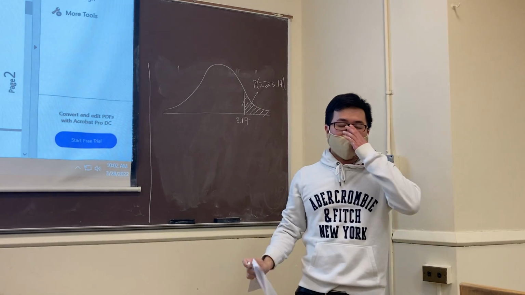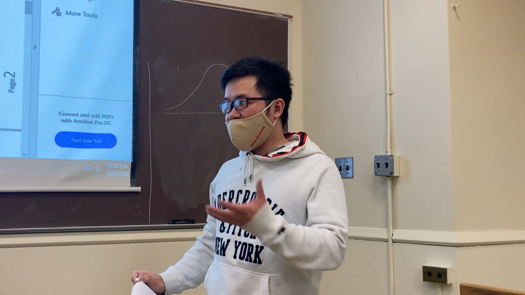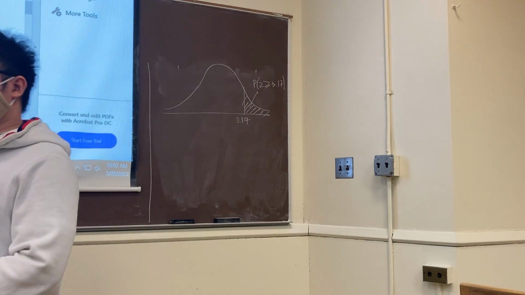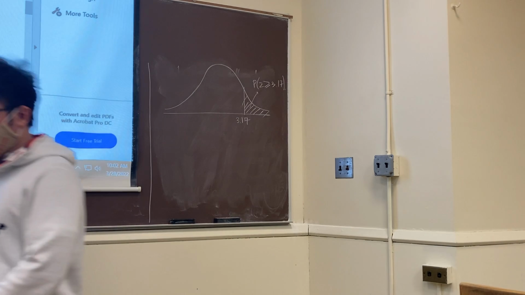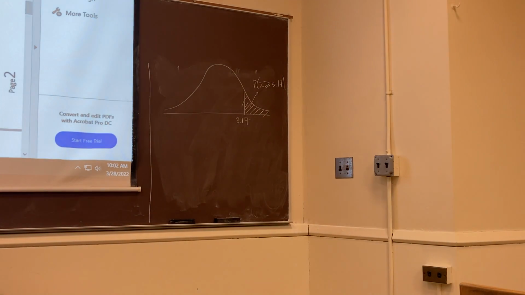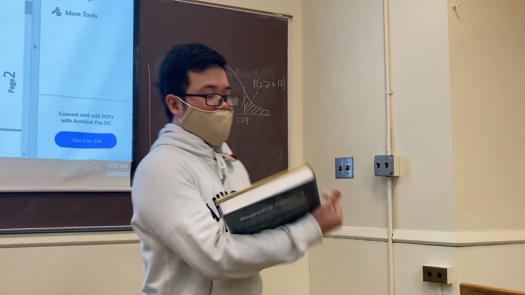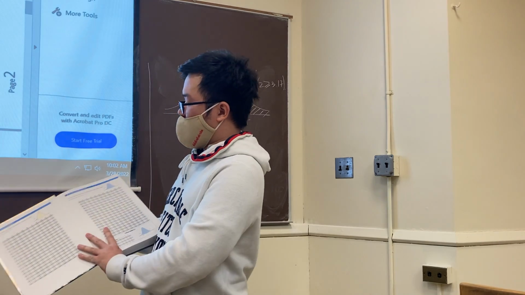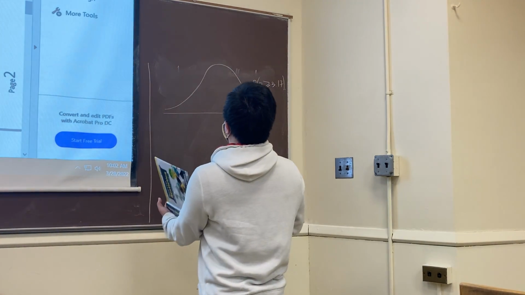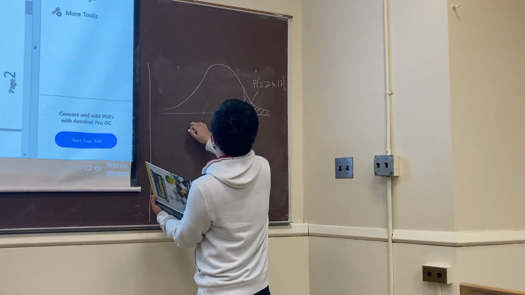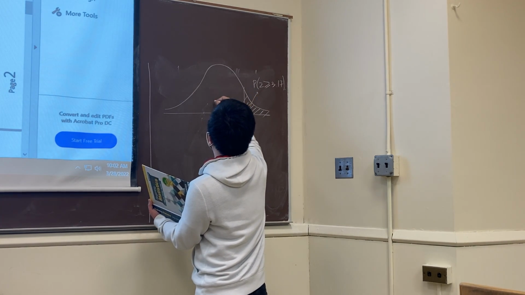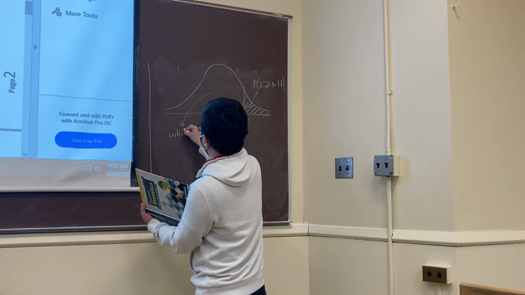To do this, you use the table in chapter 6 to find the area. So could you tell me what is the area of this one? To find this, you need to find the white area.